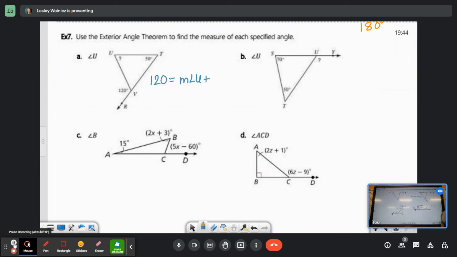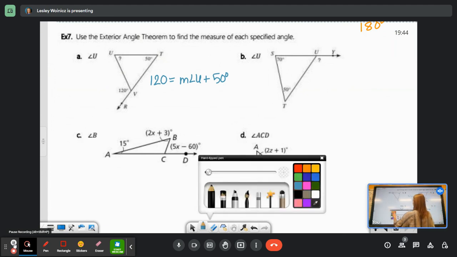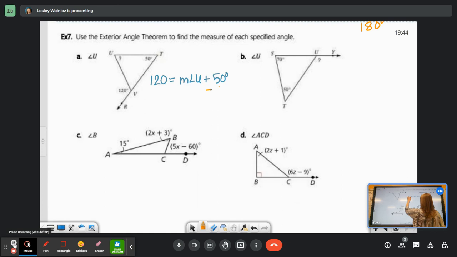I think it's 50. All right, we're going to go with 50. If it's not 50, I'm sorry. It's really blurry on my page. Okay, so now I just have to subtract away the 50 from both sides and find the measure of angle U. Minus 50, minus 50. That gives me 70 degrees for the measure of angle U.